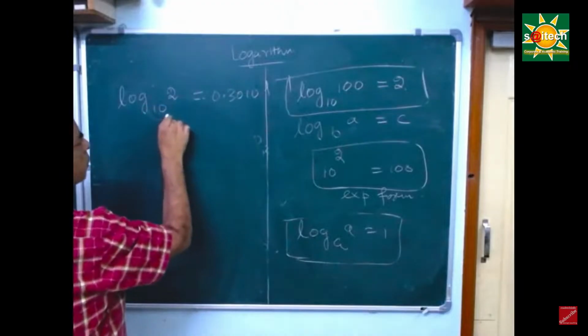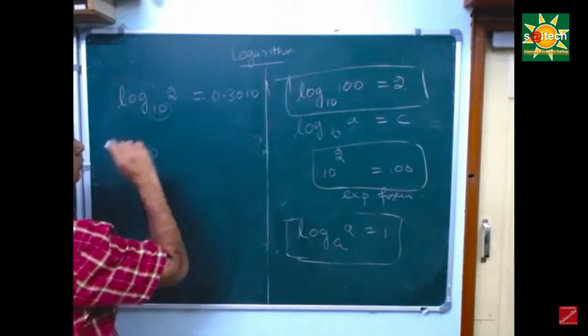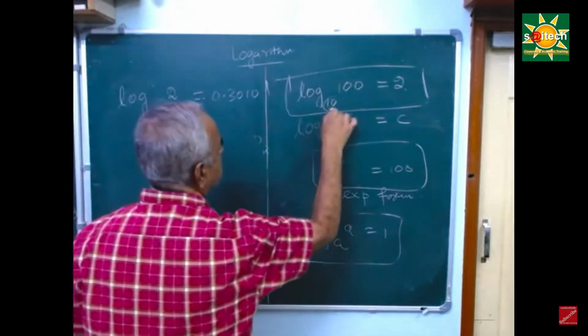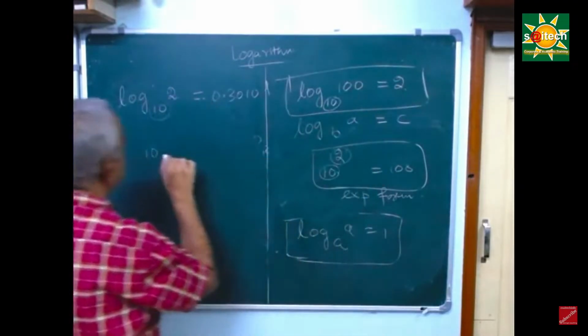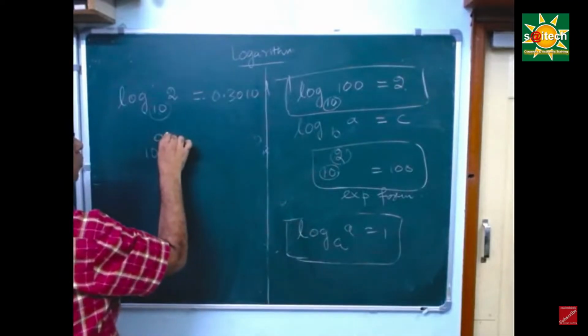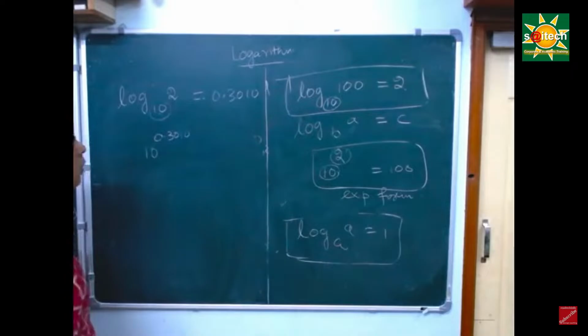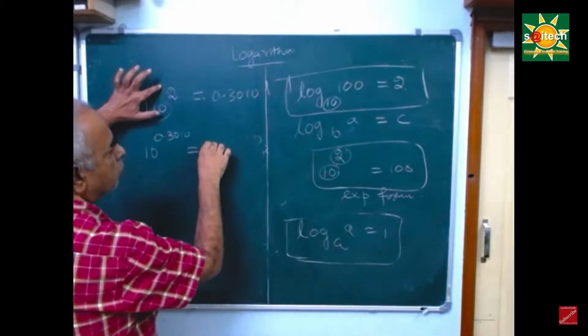அப்போ என்ன பண்ணுறோம்? 10. அடுத்தது நான் என்ன சொல்லியிருக்கேன்? இந்த value அதுதான் power term-ஆக வரப்போகுது. இங்கே வந்த மாதிரி, so 10 squared, power-ல் வருது. அதே மாதிரி இங்கே 0.3010 அப்படின்னு போட்டிங்கன்னா, that gives you value என்னது? இந்த value வரும் இல்லையா?